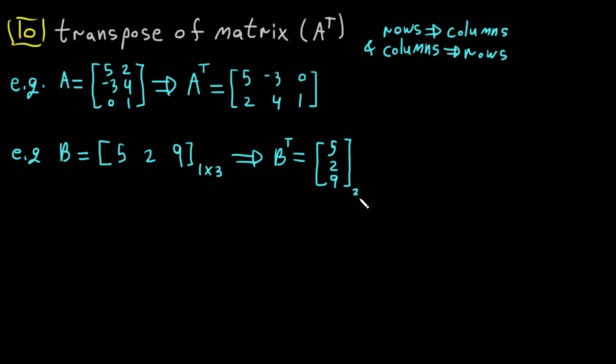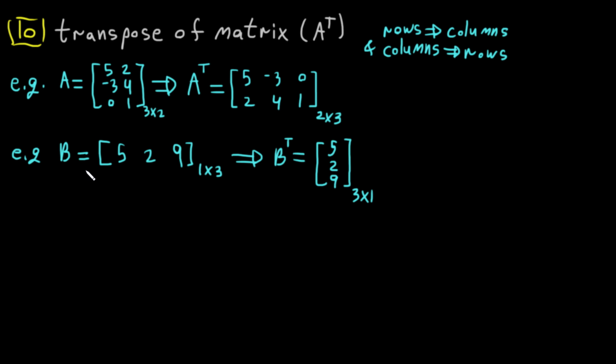So now we have 3 by 1. The same here, we have 3 rows and 2 columns. After the transpose, this transforms to 2 by 3. So A, 3 by 2, transforms to this matrix, which is 2 by 3. So A transpose is 2 by 3.